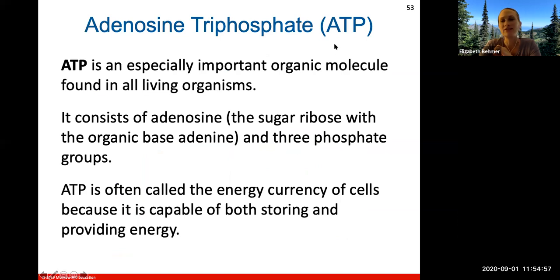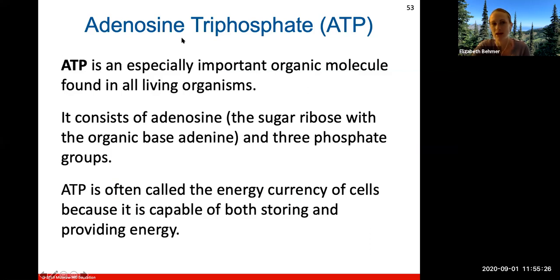Adenosine triphosphate, or ATP, is your body's energy currency. It's like the money that your body needs to pay for energy and do all the processes in your body. It's an especially important organic molecule found in all living organisms. It consists of adenosine, which is a ribose sugar with an adenine base group, and then 3 phosphate groups that are bonded to it.